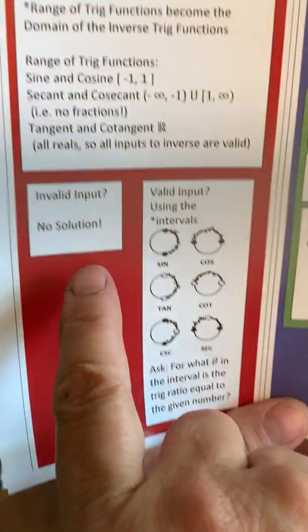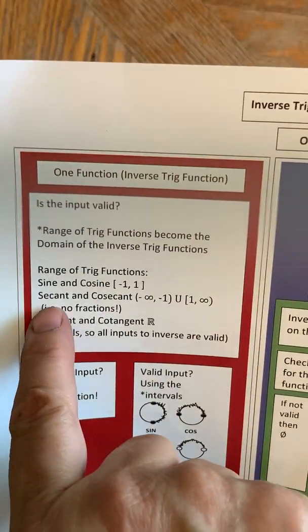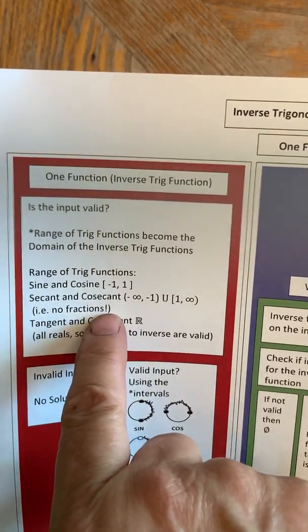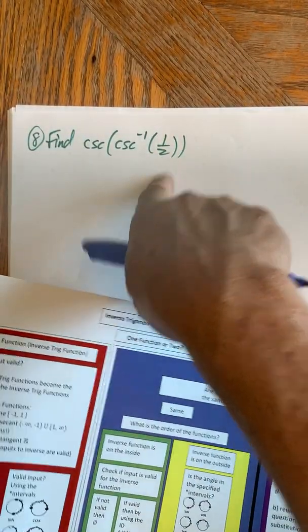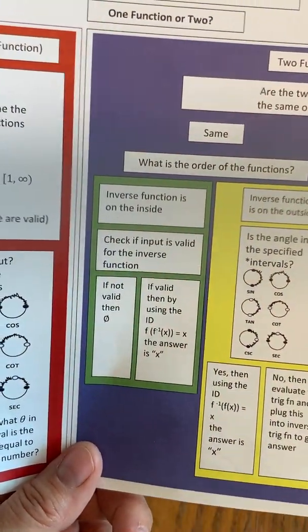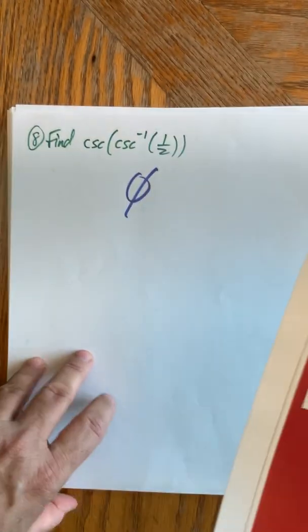Now remember, cosecant can't take any fractions. That's a fraction, so guess what? No solution, it's not a valid input. So, can't do it. All right, that's 8.